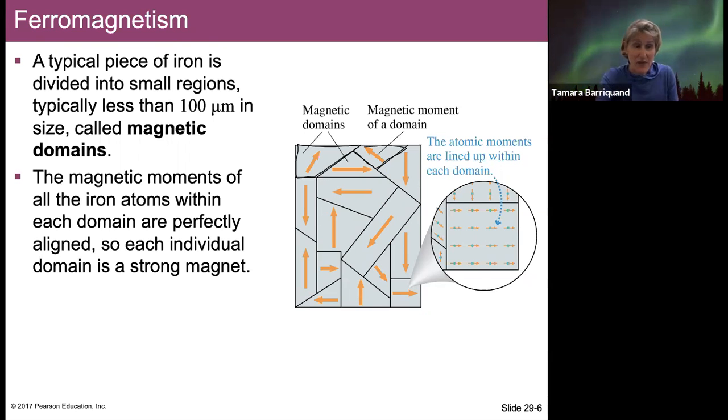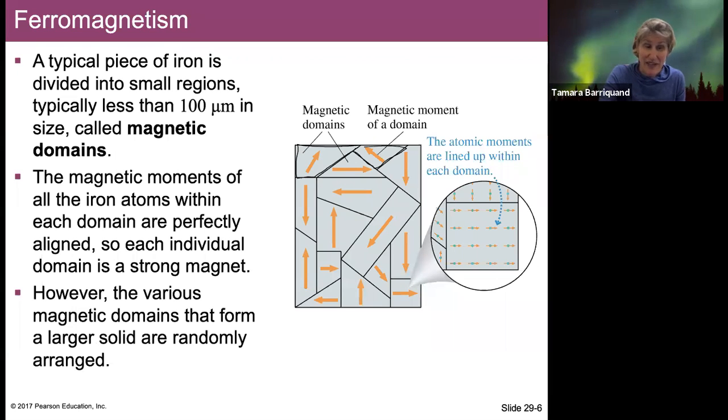The magnetic moments of all the iron atoms within each domain are perfectly aligned, so each individual domain is a strong magnet. However, the various magnetic domains that form a larger solid are randomly arranged. So while the atomic moments are aligned within each magnetic domain, there are lots of different magnetic domains throughout one solid piece of iron.